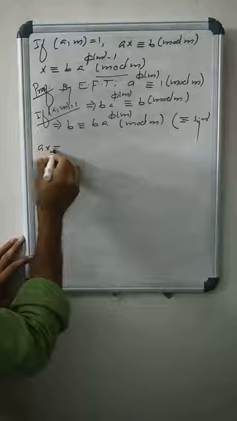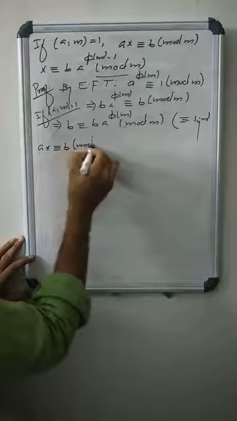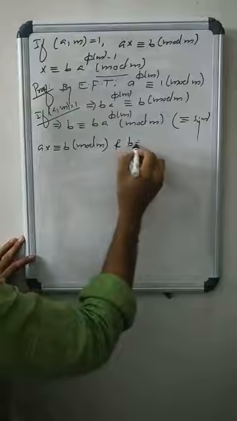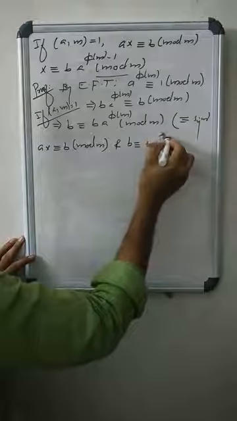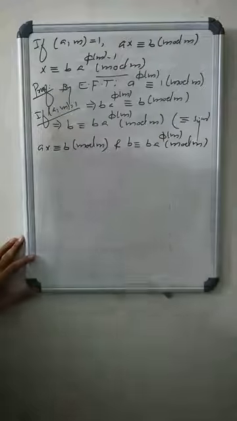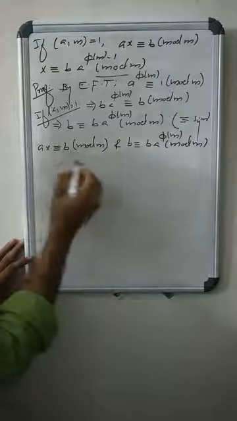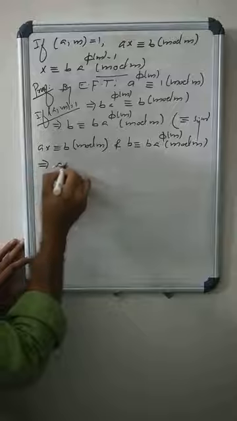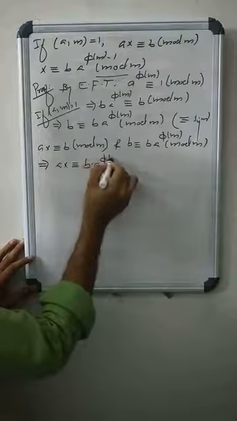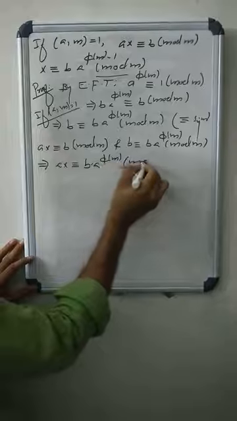Now ax congruent to b mod m is given. Consider the linear congruence ax congruent to b mod m. And also we know that b is congruent to b a^phi(m) mod m. The congruence relation is always transitive. So from here you can conclude that ax is congruent to b a^phi(m) mod m. Why?